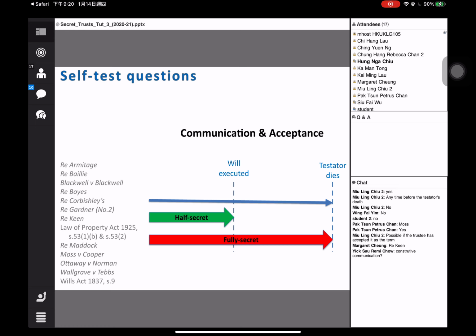Hudson thinks all secret trusts are constructive trusts. But what we can say, based on the case of Ottaway v Norman, is that the court left open the issue of whether a fully secret trust is an express trust or a constructive trust. And it's important to make this distinction because of the formality requirements.